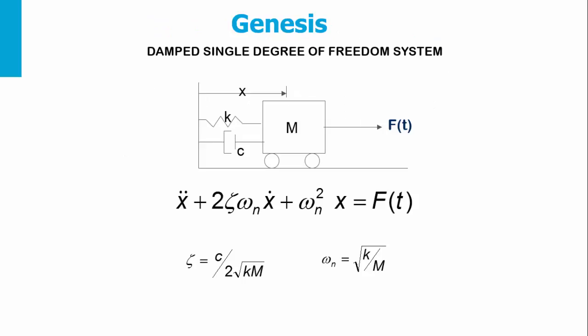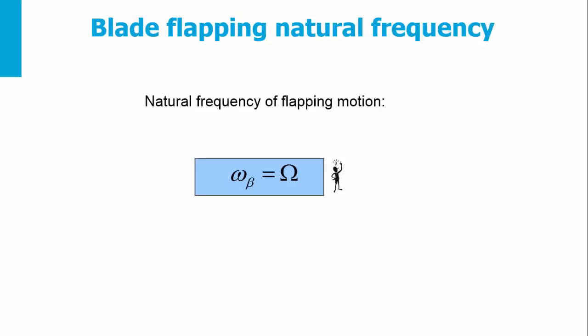If you see this equation, it reminds you that this is actually the motion of one mass which is hung on a spring and a damper. If you recall this differential equation that you learned at the beginning of your studies, you see that the natural frequency is omega n and equals the square root of the spring constant divided by mass. For us, it also means that the natural frequency of the flapping motion equals the RPM of the blade. Is that good or bad? We will see later.